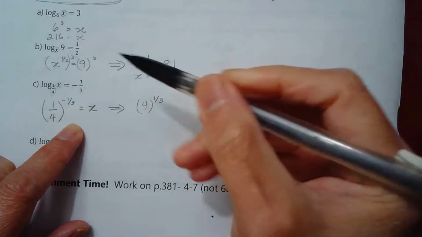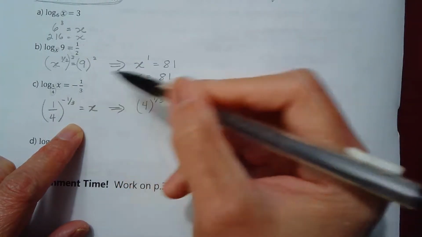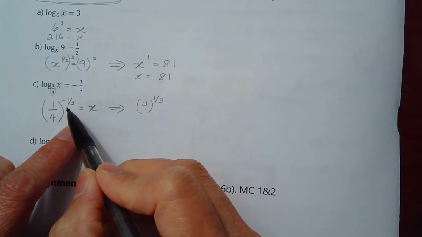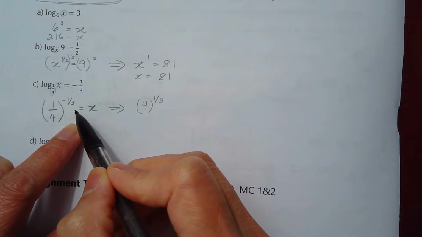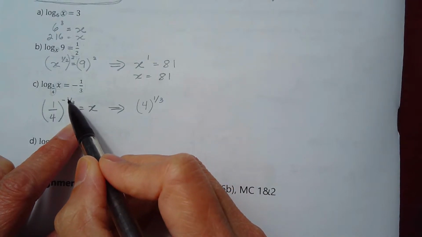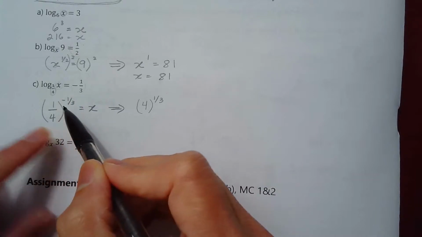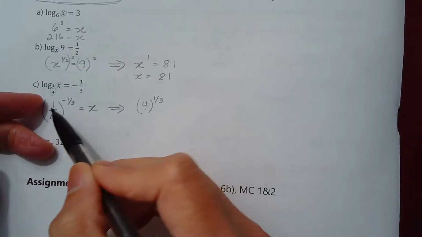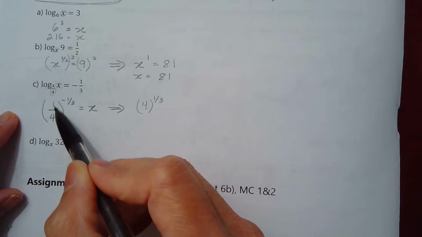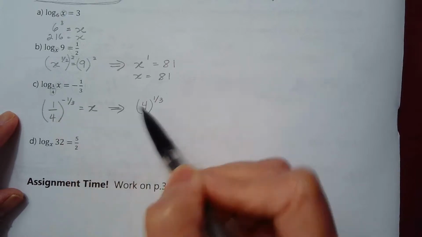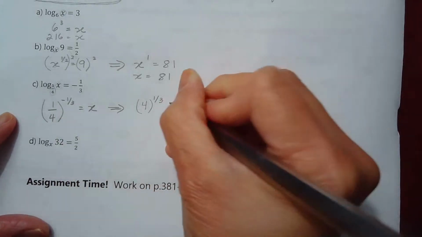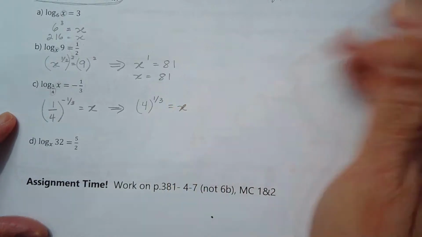Okay, just to refresh our memory again, to change from a negative exponent to a positive exponent, we take the reciprocal of the base. Only reciprocating the base. 4 to the 1/3 still equals x.